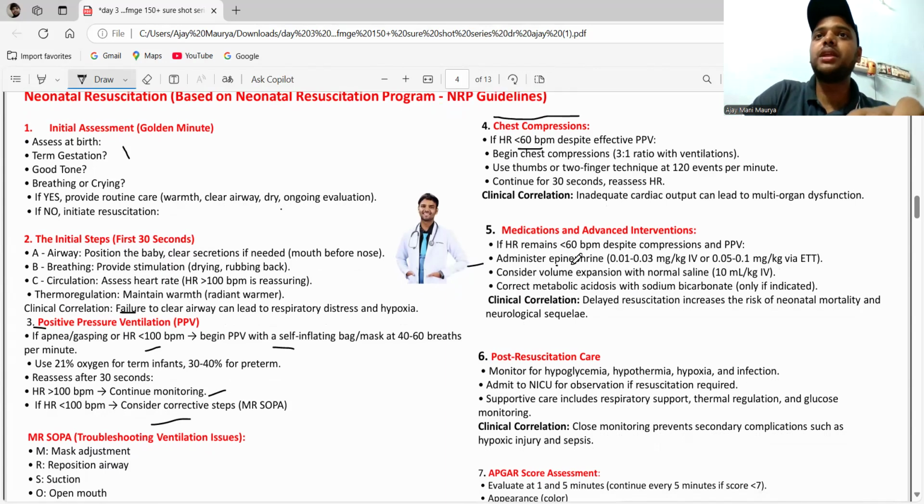How much epinephrine should you remember? 0.01 to 0.03 mg/kg IV. Also consider volume expansion with normal saline, 10 ml/kg IV. Next, correct the metabolic acidosis with sodium bicarbonate only if needed. Why is this important? Because delayed resuscitation may increase the risk of neonatal mortality and neurological sequelae.